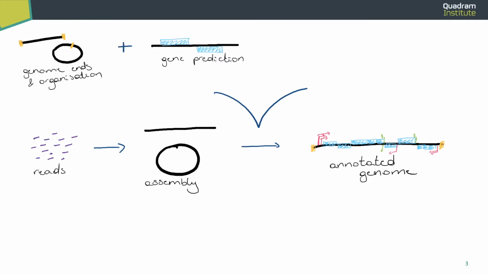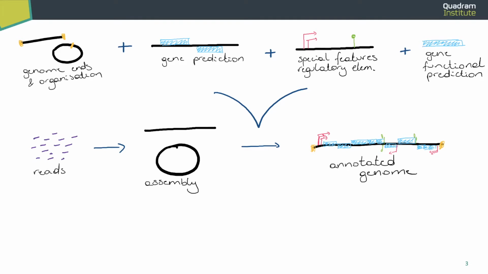Then we do gene prediction, so we have a whole bunch of coding sequences. We can annotate special features like promoters or terminators and the likes, and then put it all together in this gene prediction.